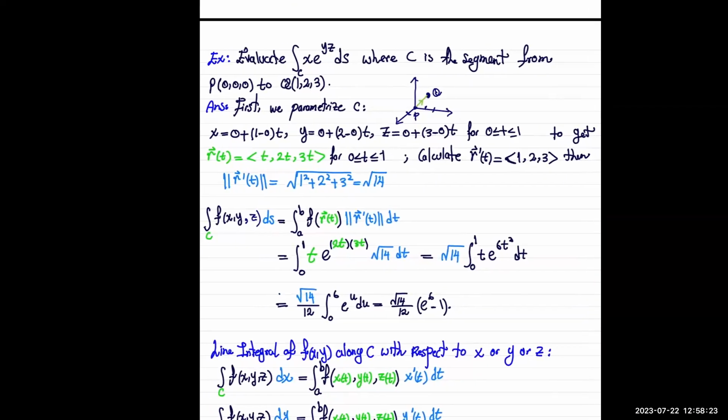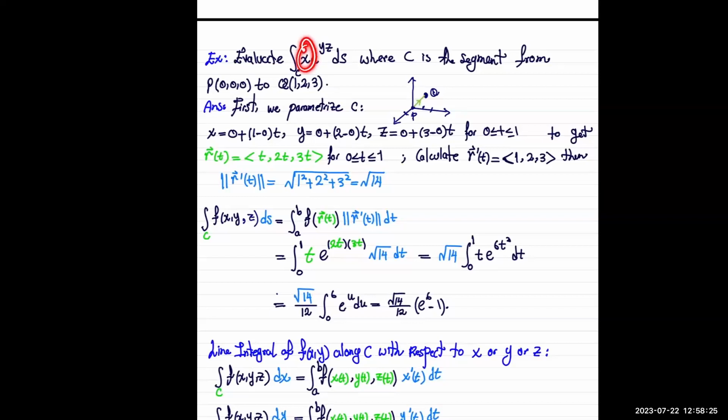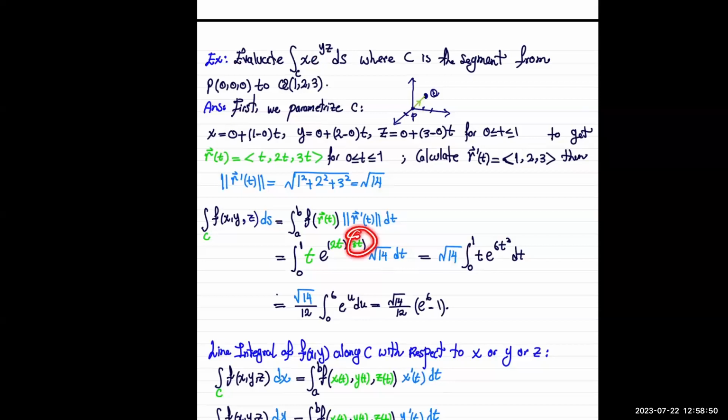So let's do it. X becomes t. You write t for x. And then we have e to the power of y, which is going to get replaced by the y of the parameterization. That's 2t. And z is going to get replaced by 3t. Right there.